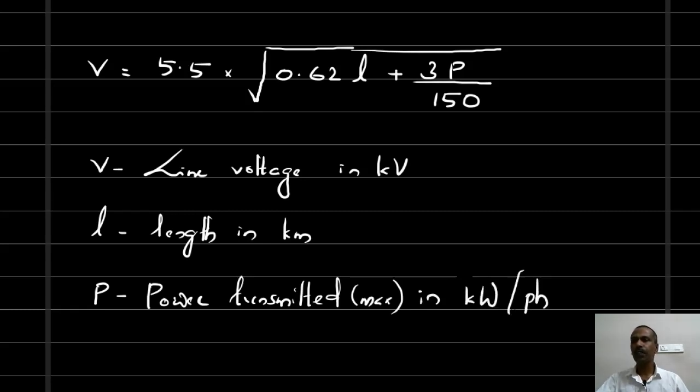To convert this phase power into three-phase power, we are multiplying this with 3. So using this empirical formula, we can calculate the most economical transmission voltage.